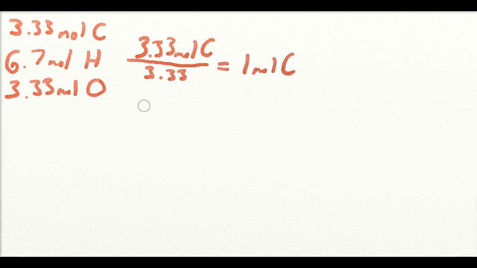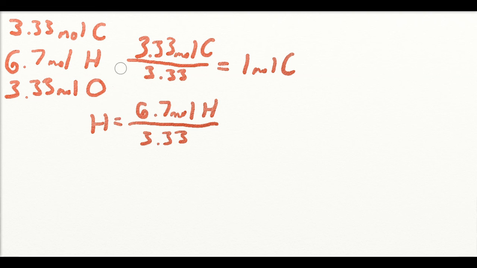The next one, we are going to put on top 6.7 mole of hydrogen over that of 3.33. This is going to be for hydrogen. I did not have enough space over here for carbon, but just follow along.